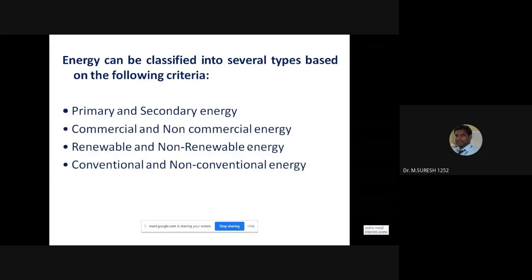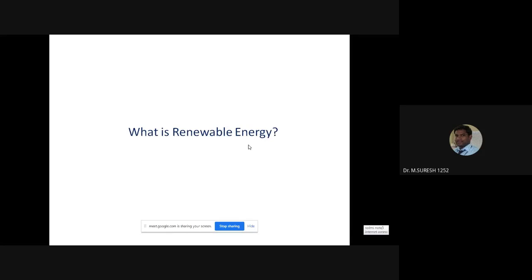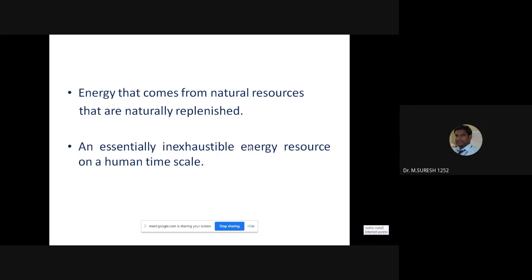And also we are going to see what we mean by renewable energy. Last class we discussed renewable energy: it is naturally available, and whenever we want, we can refill that energy and use it for proper applications. That is called renewable energy. In the second statement, it is an essentially inexhaustible energy resource on a human time scale.